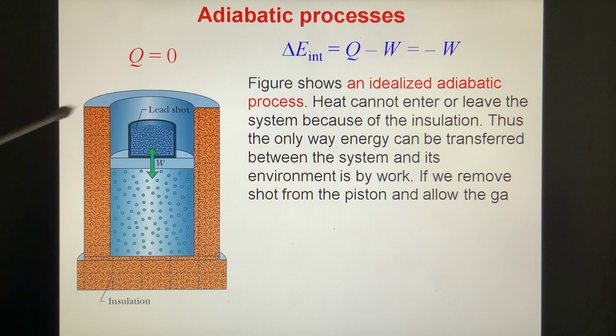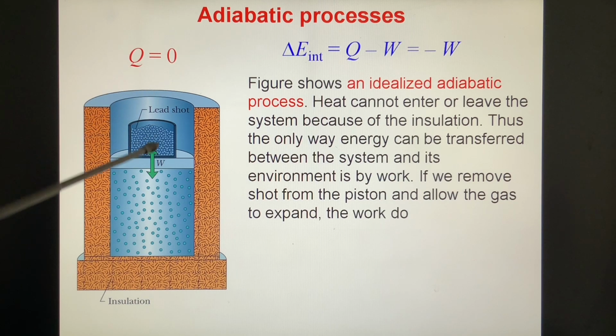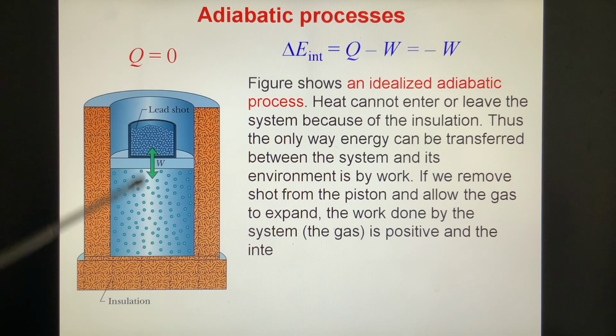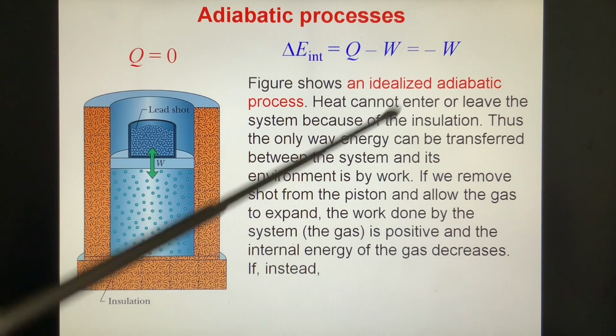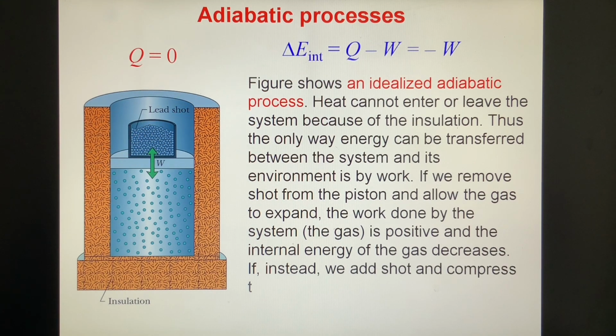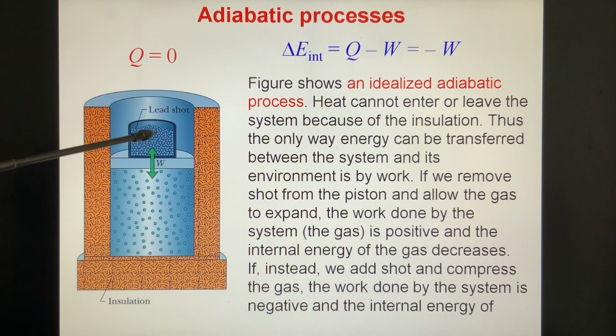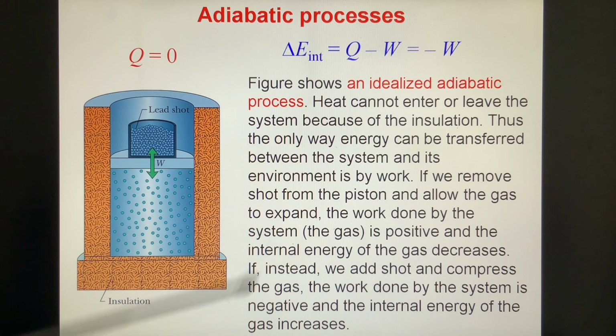If we remove shot from the piston and allow the gas to expand, the work done by the system, the gas, is positive, and the internal energy of the gas decreases. If instead we add some shot and compress the gas, the work done by the system is negative rather than positive, and the internal energy of the gas increases.